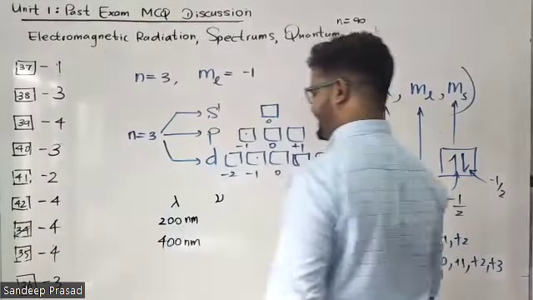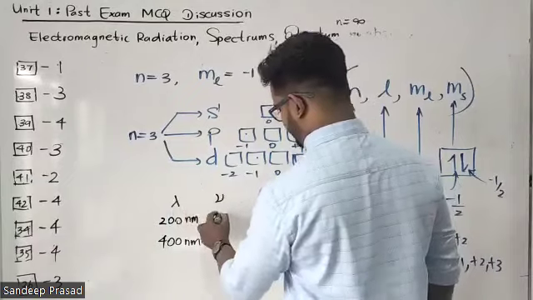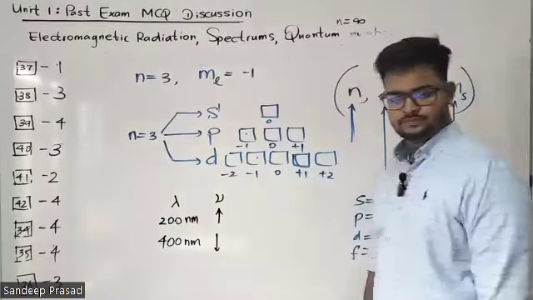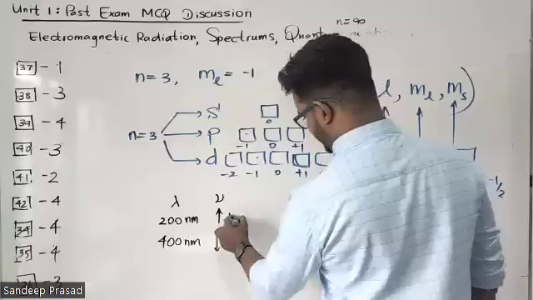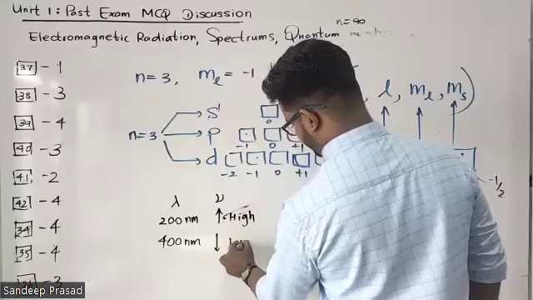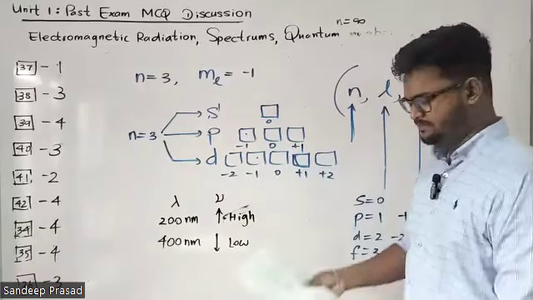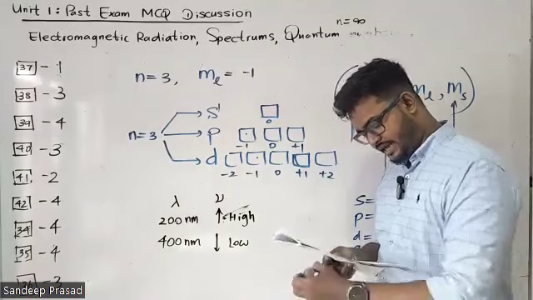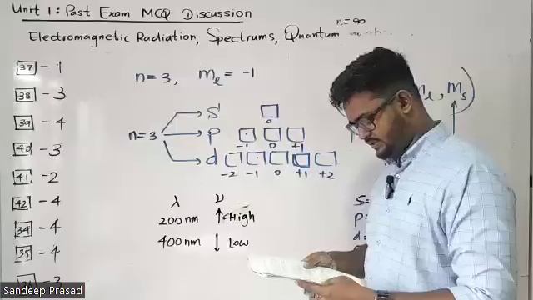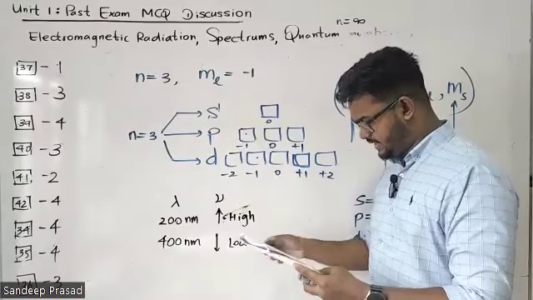So which one has the greatest frequency? This one has the greatest frequency and this one has the lowest frequency, right? Very simple comparison. It has a higher frequency than the radiation of wavelength 400 nanometers, correct.